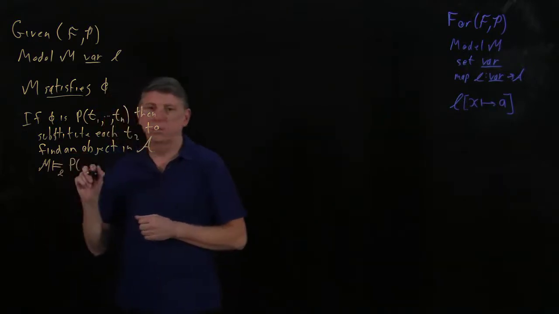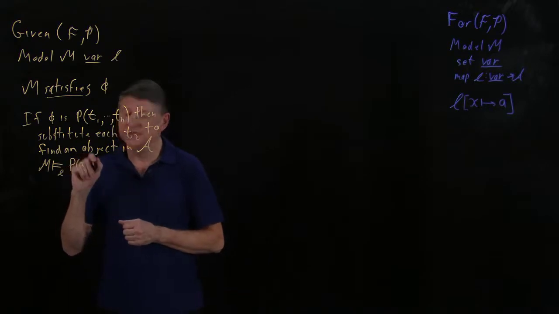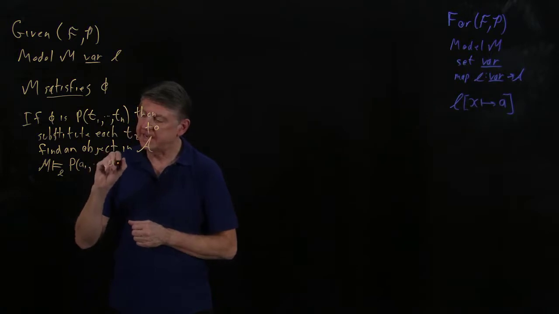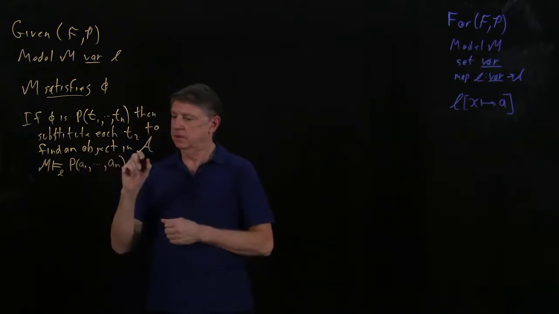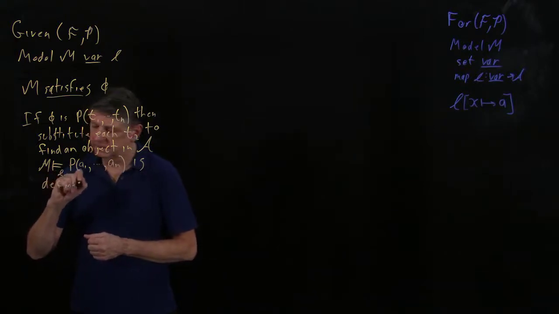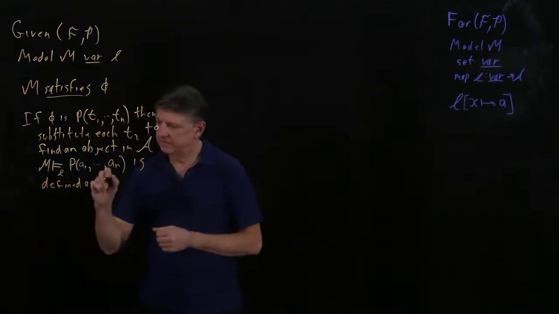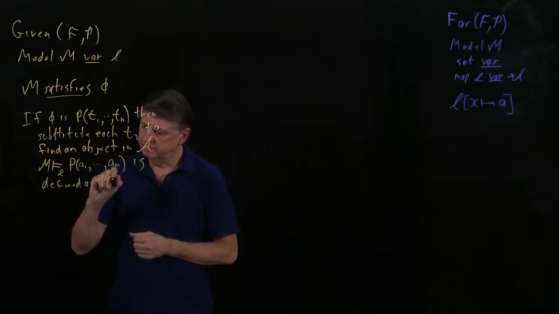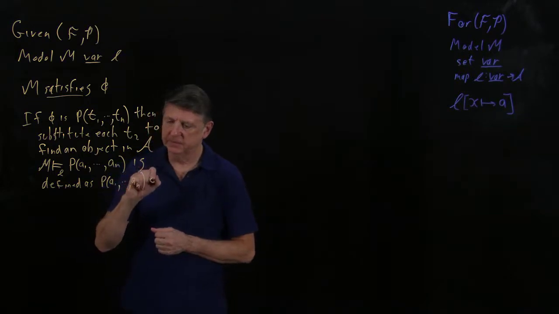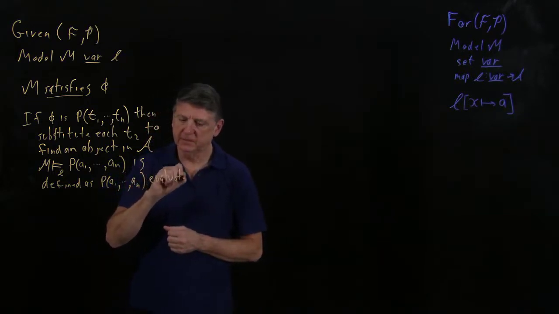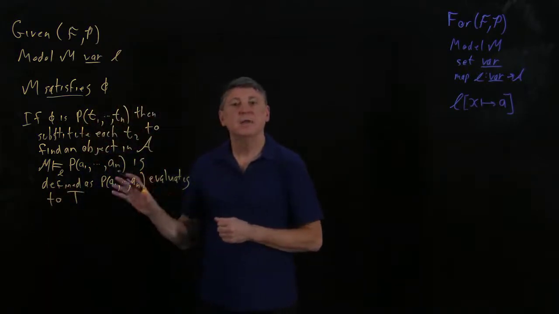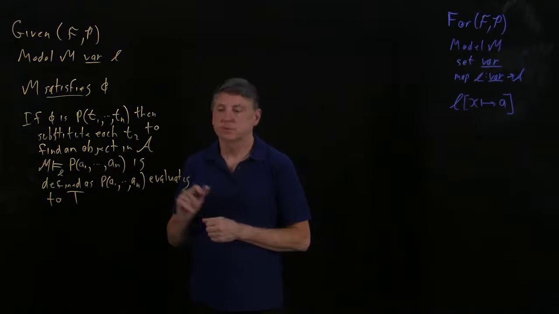And now we have concrete objects, and I'll write them as A1 and so on to AN, and we'll say it is defined as: the predicate with these objects evaluates to T. That is the first case that we'll do.